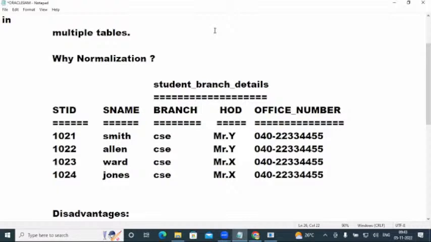That means the user can't perform DML operations as per requirement. If I do insert, redundancy increases. If I do updation, an inconsistency problem occurs. If I do deletion, other data is also lost. So whatever DML operation the user performs on this table, for every operation there is one problem created.